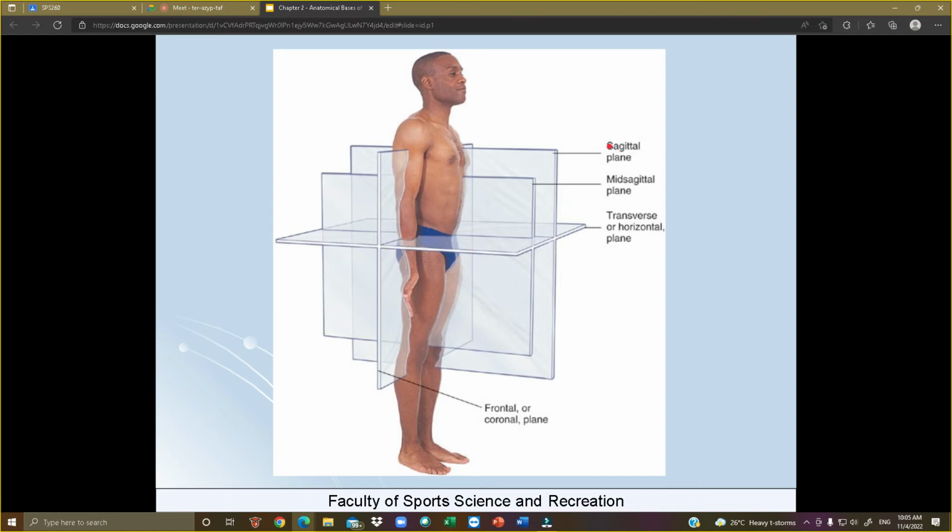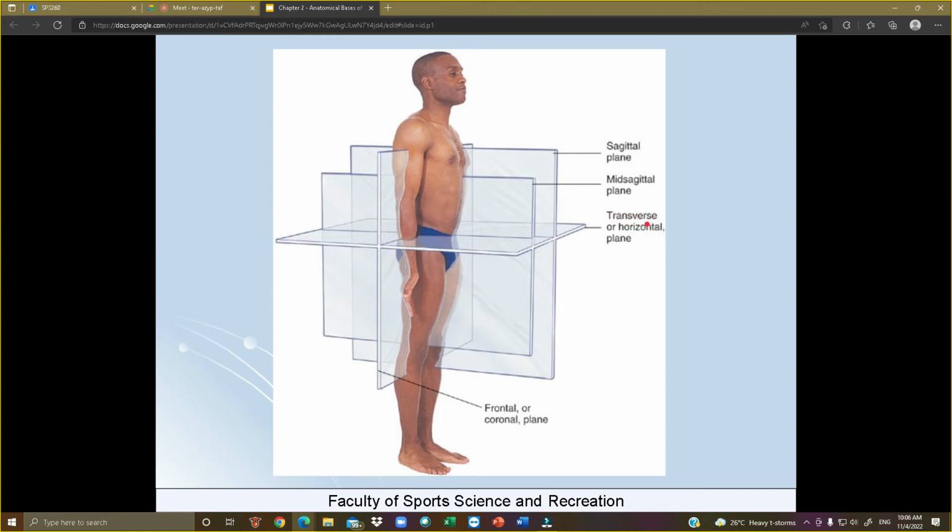Try to analyze the movement from front and back. Frontal. And the last plane is this plane. The plane that divide top half and bottom half. Atas dan bawah. This is known as transverse plane or horizontal. Most of the time it is known as transverse. Okay. Horizontal ni dia ada lawan dia, tapi kamu just ingat transverse. So there are three plane.